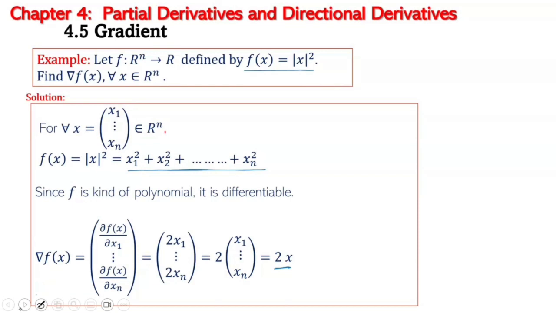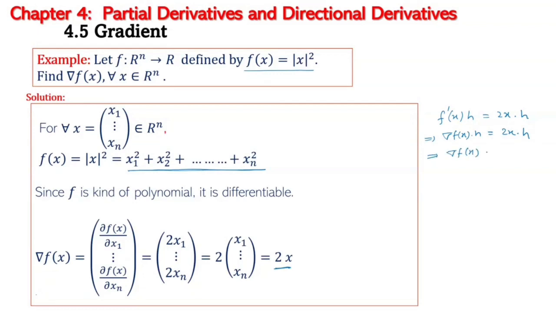You can solve this one by using chapter 3, where we get the derivative. If you solve it like this, f'(x)h is equal to 2x dot h. From the definition we have that this is equal to gradient of f(x) dot h, which is equal to 2x dot h.